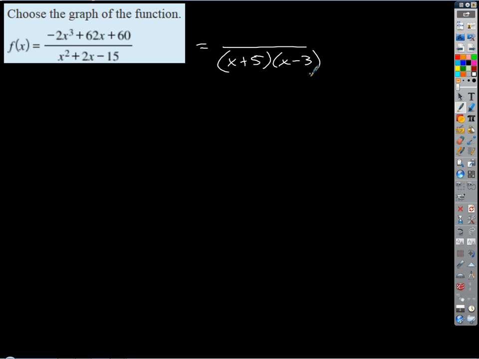Yikes. What can we do? There is something we can do on the top. Take out the negative 2. We can take out a negative 2, leaving us with what? Minus 31x. Okay, but that's, maybe minus 30.